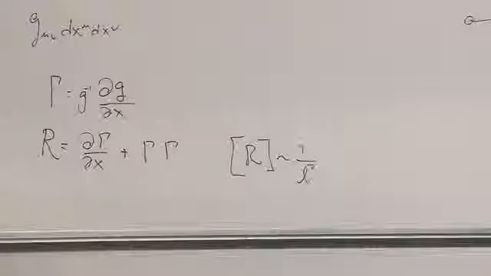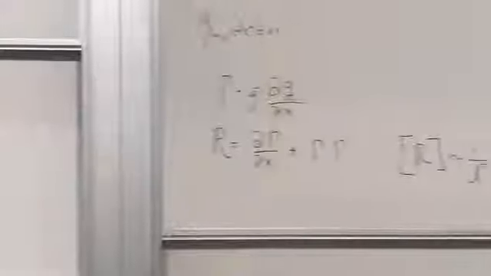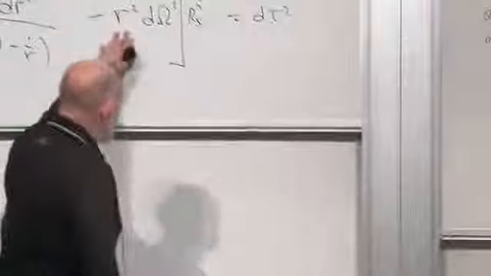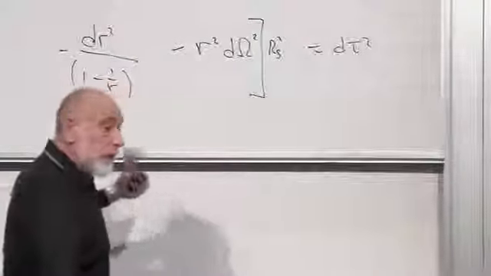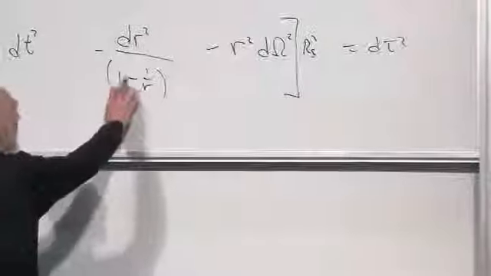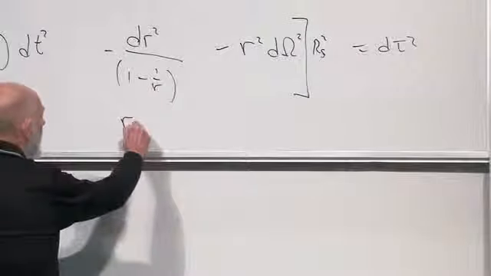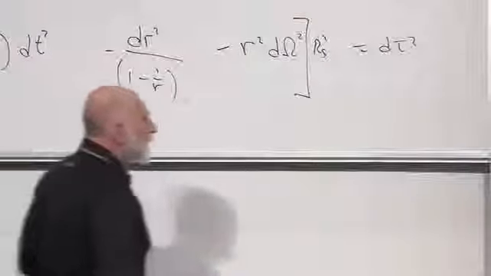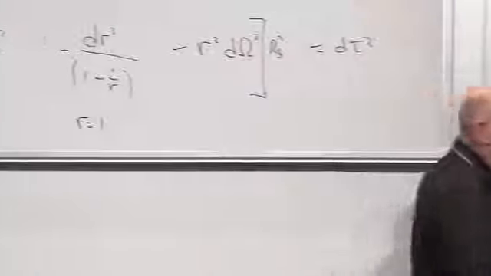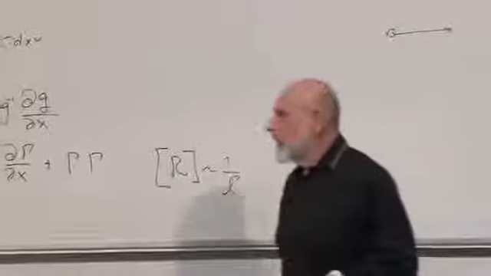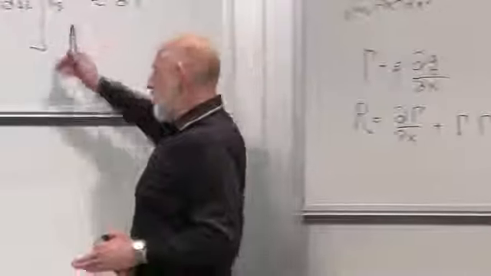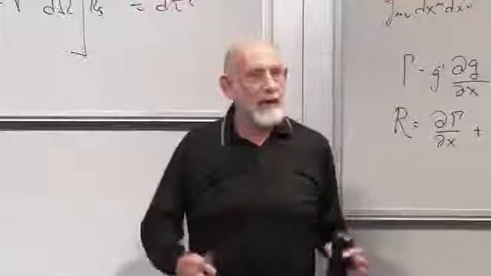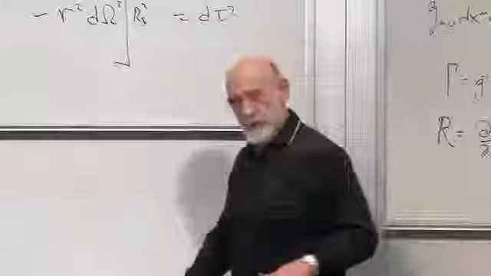And now come back. Let's ask, at any given distance, at any given r, in particular, where is the horizon in these units? The horizon in these units is at r equals 1. Let's ask, what is the curvature at r equals 1? At r equals 1, the only quantity in the metric here which has units of length is r Schwarzschild.